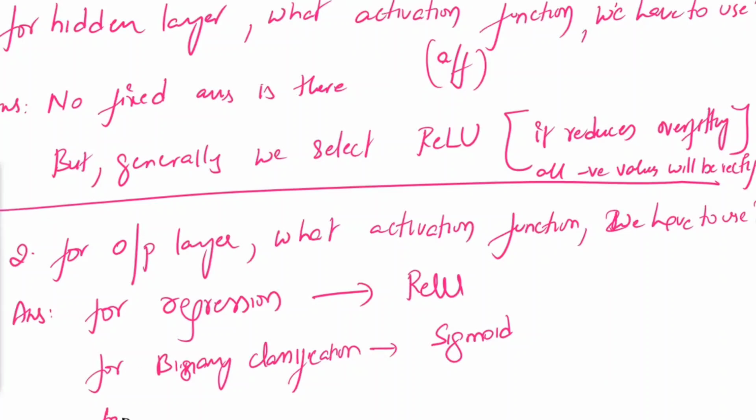For multi-class classification, the activation function we have to use in the output layer is softmax. This is mandatory.